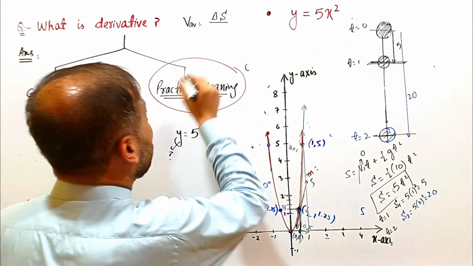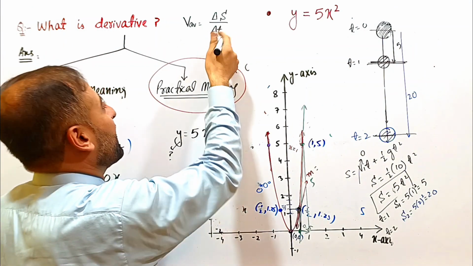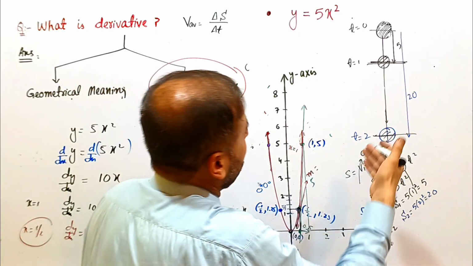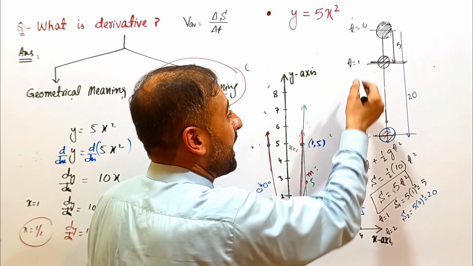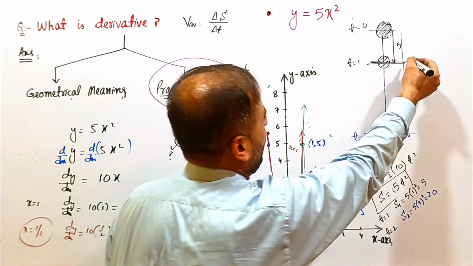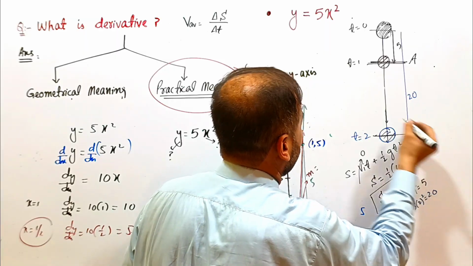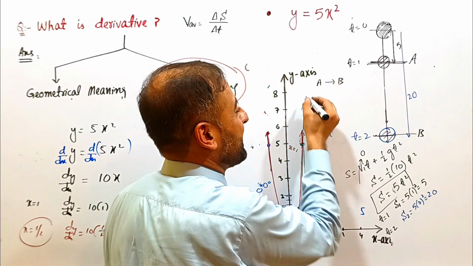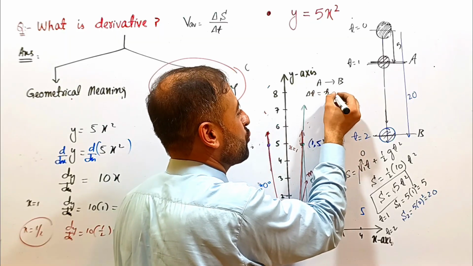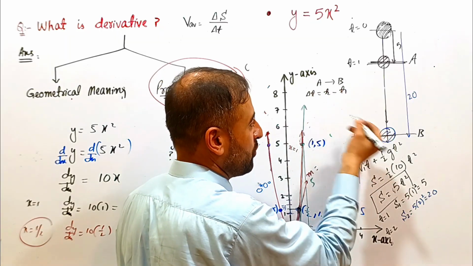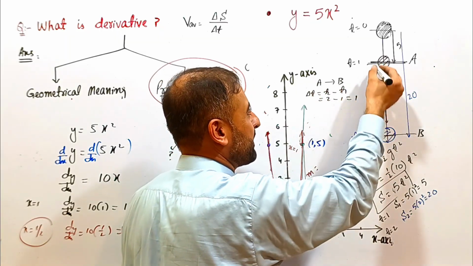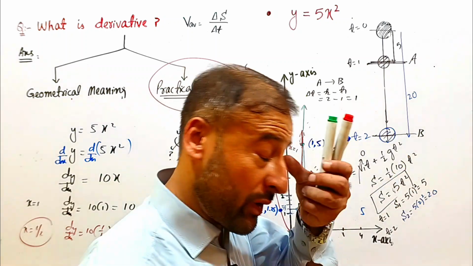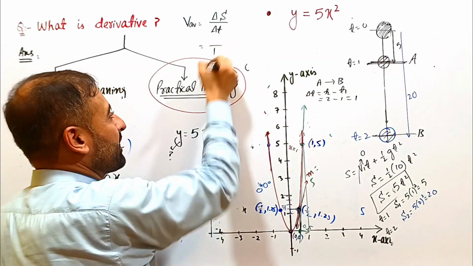We say delta S by delta T. Delta S means the difference of the distances. Let's call this point A, and this point B. We want to study interval AB. Delta T, the time taken, is T2 minus T1. The time taken from this point to this point is 1. Delta T is 1. Right, students?